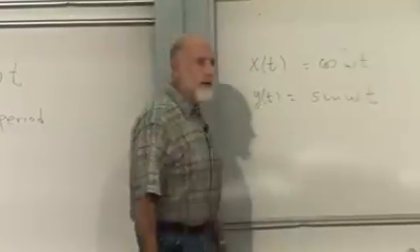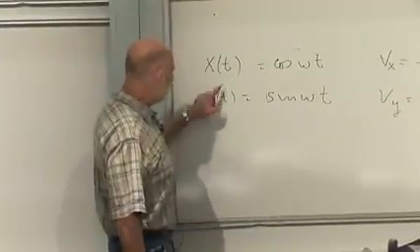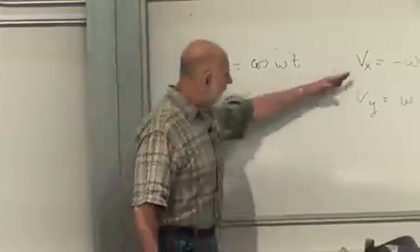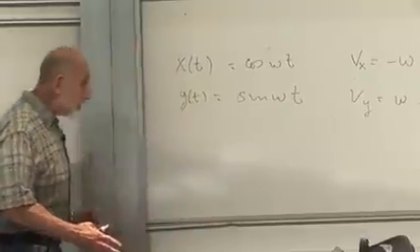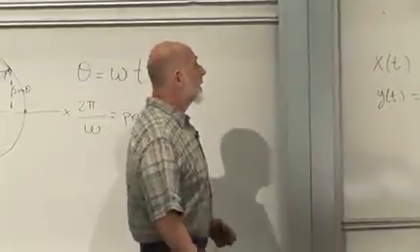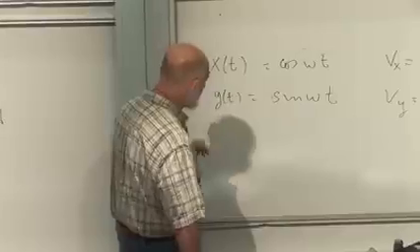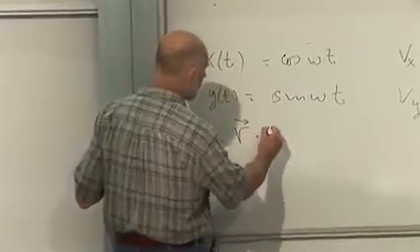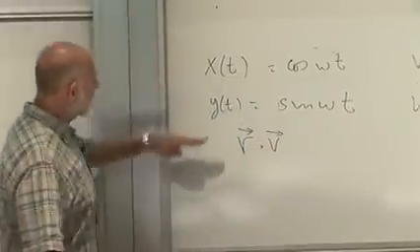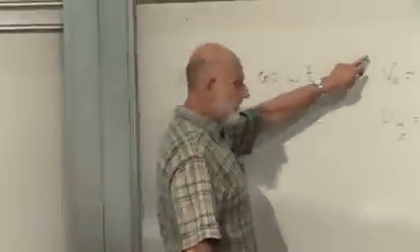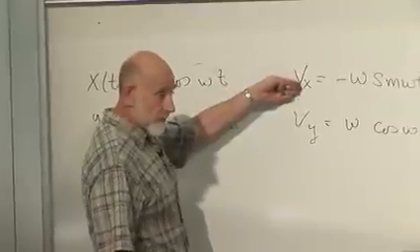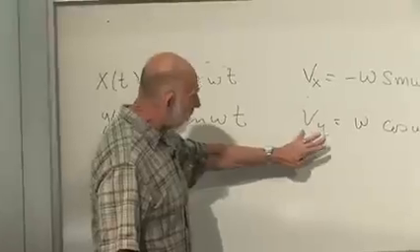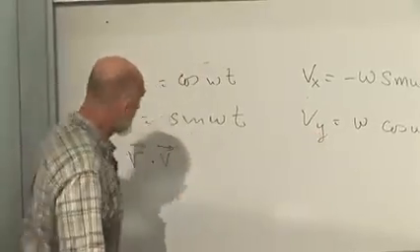We can check it by checking the dot product. Here x and y are the components of a unit vector. Vx, vy are the components of the velocity vector. What's the dot product between the position vector, let's call it r, and the velocity vector v? Well, it's the product of the x component of position times the x component of the velocity, plus the product of the y component of position and y component of velocity.